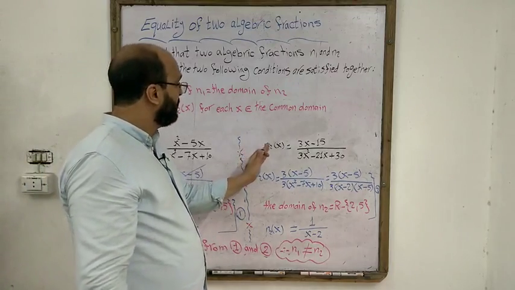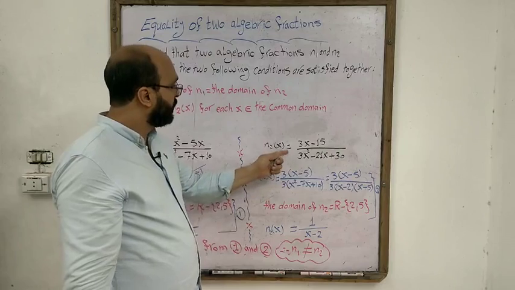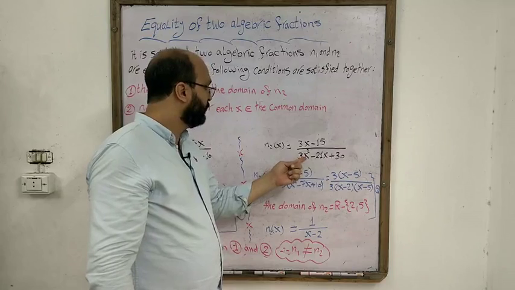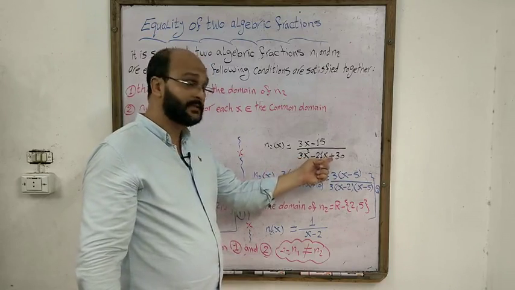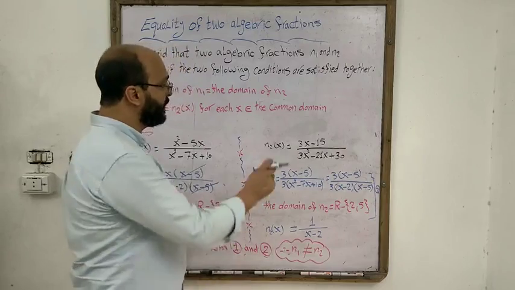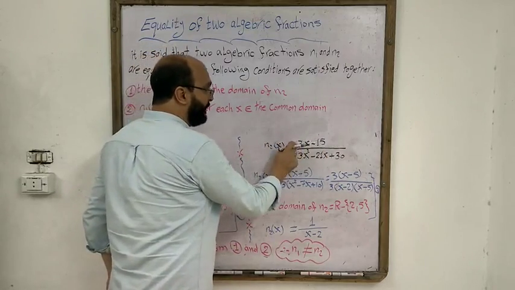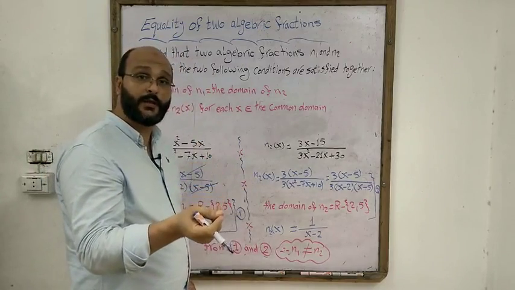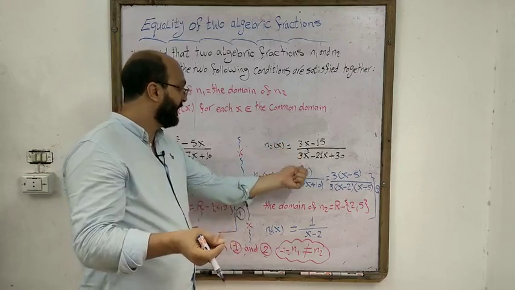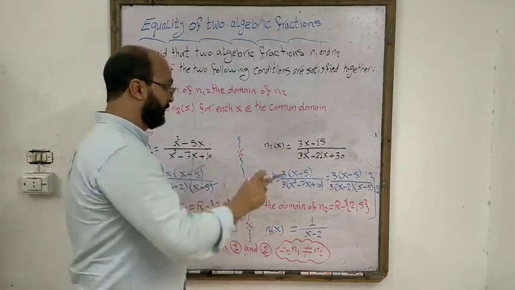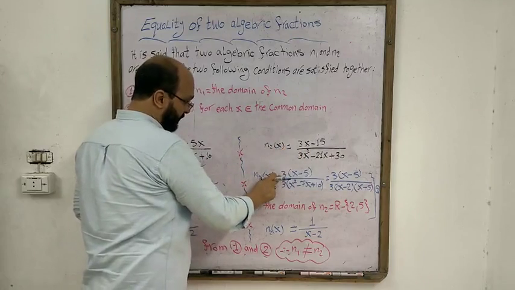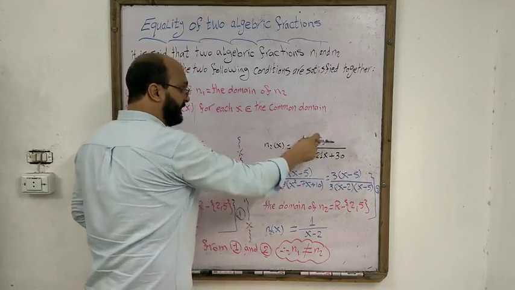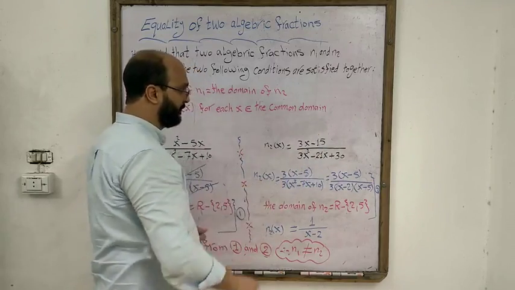Now n2 of x equals 3x minus 15 over 3x to the power of 2 minus 21x plus 30. In the numerator we have 3 and 15, both divisible by 3, so we take 3 as a common factor: 3x divided by 3 equals x, and 15 divided by 3 equals 5.